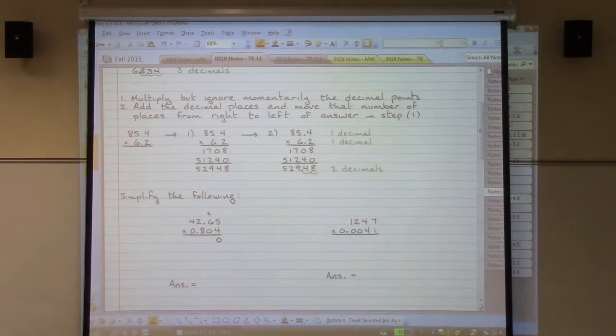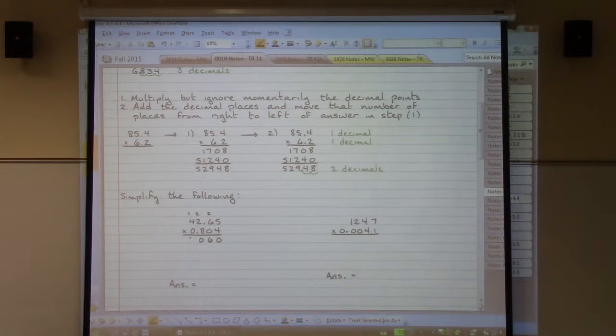Bang that out. 0 times all that stuff is just going to give us a row of zeros.